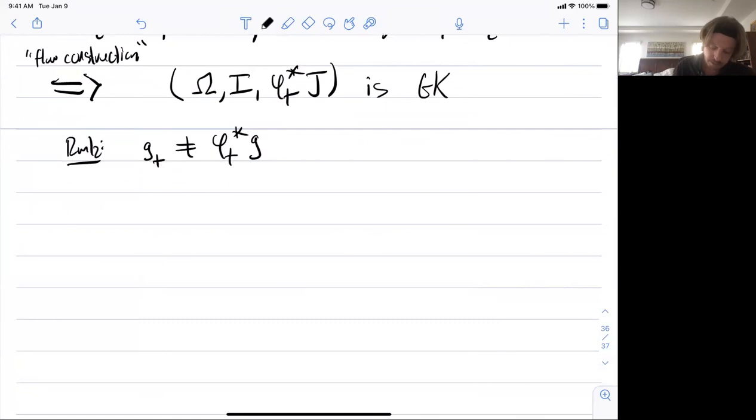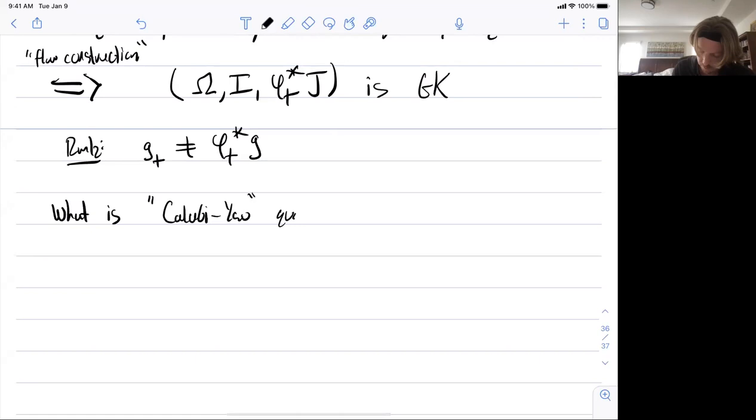So first of all, what is the Calabi-Yau quantity? Can ask this question. And the point is that there's a different way to think about these generalized Kähler structures.